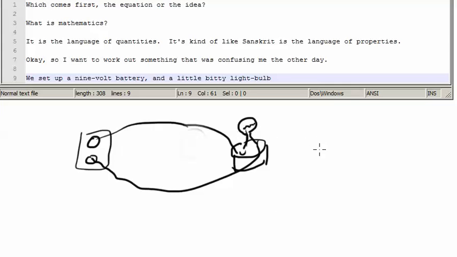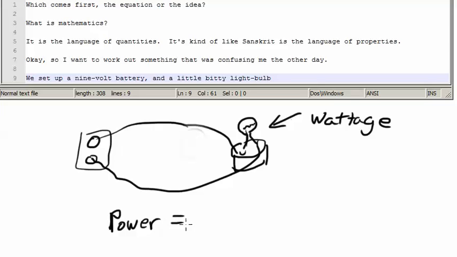Usually these bulbs are measured in wattage, and the key formula for wattage is that power in watts equals voltage... wow, it wasn't responding. Power equals voltage times current.